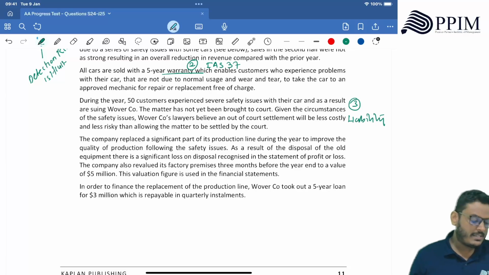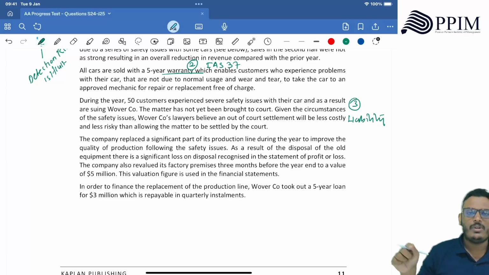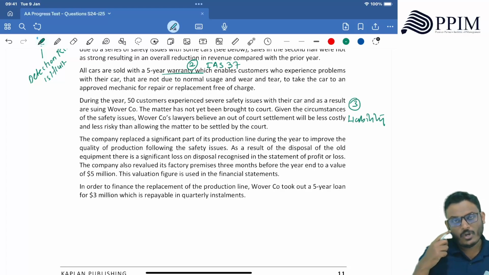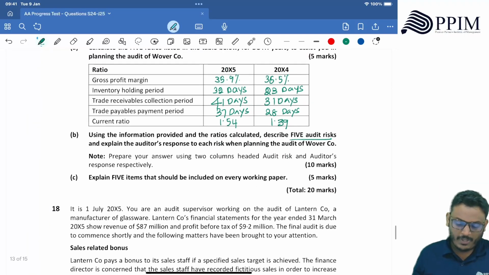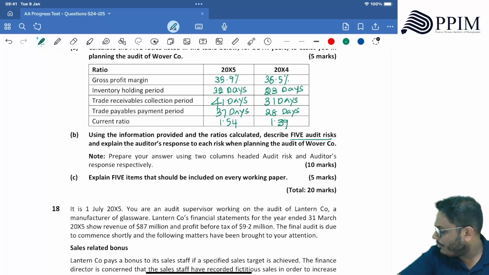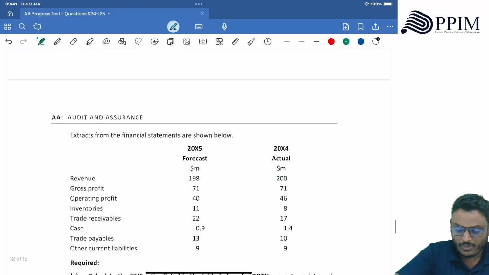The standard IAS 16 clearly says all assets of a class should be revalued at once. If you are not complying with that, obviously property, plant and equipment is subject to misstatement. Right? So apart from that, you can take the credit risk here, because receivable days were 31 days, now 41 days. With the extended credit limit, receivables might be overstated, that you can take.